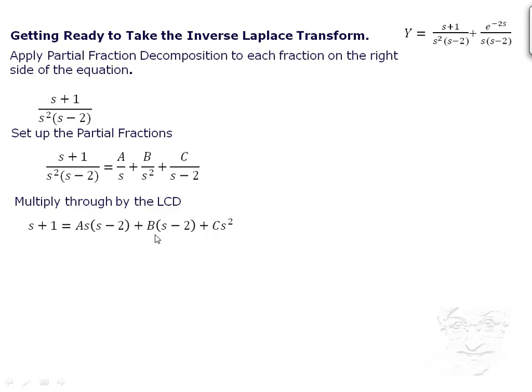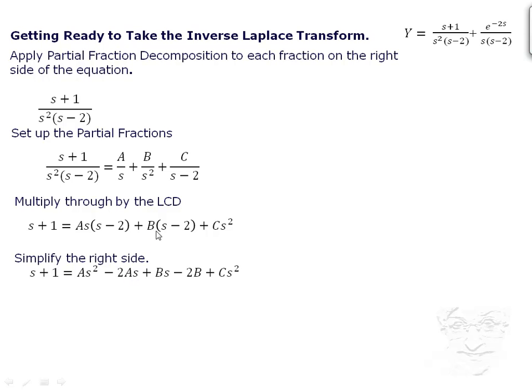Okay, so here we have a polynomial equation that we can solve. I'm going to solve this by equating like terms. I'll start by simplifying on the right side by distributing to remove parentheses. When I multiply by a, I get a s squared minus 2a s.